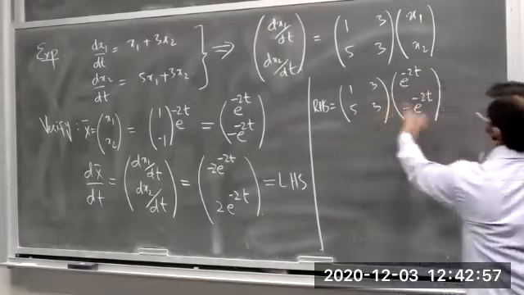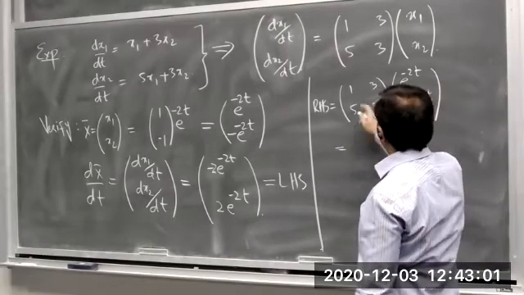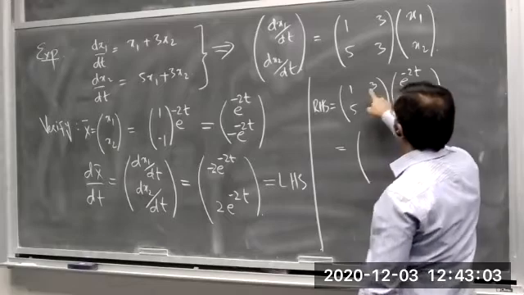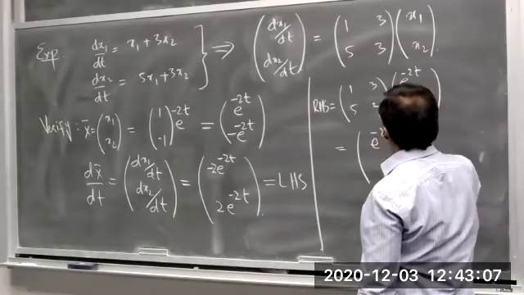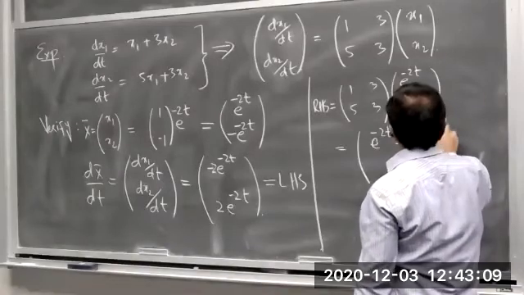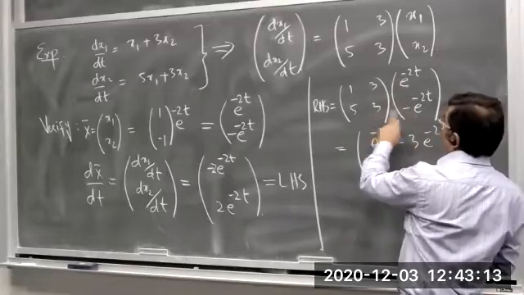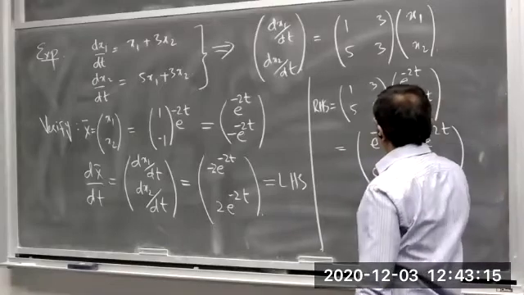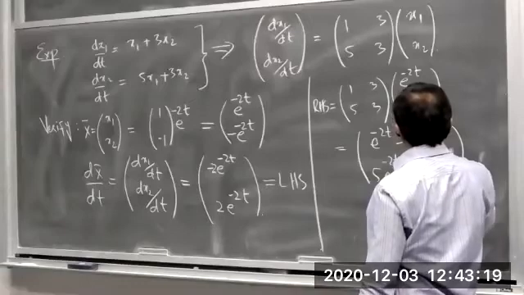So you have to multiply the matrix with the vector. What do we get here? This into this plus this into this. So it becomes e raised power minus 2t minus 3 e raised power minus 2t, and 5 into this minus 3 into this: 5 e raised power minus 2t minus 3 e raised power minus 2t.